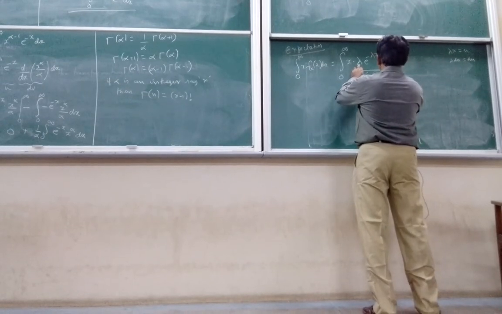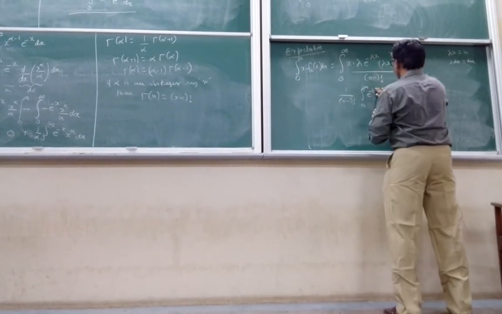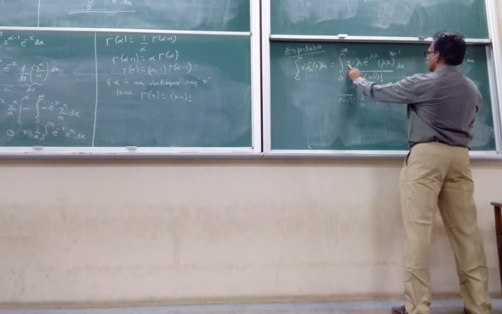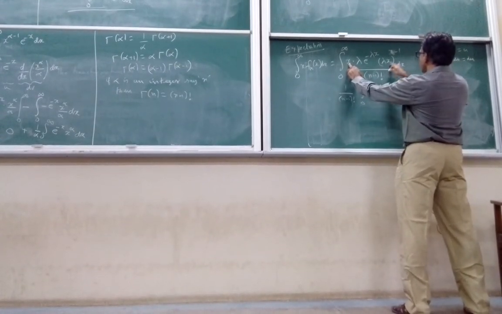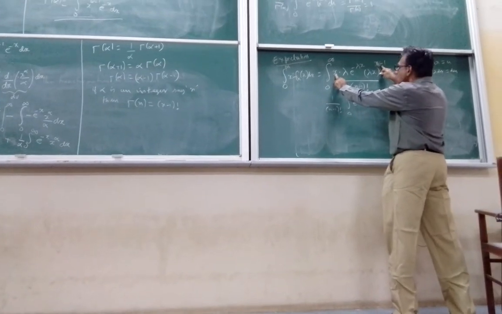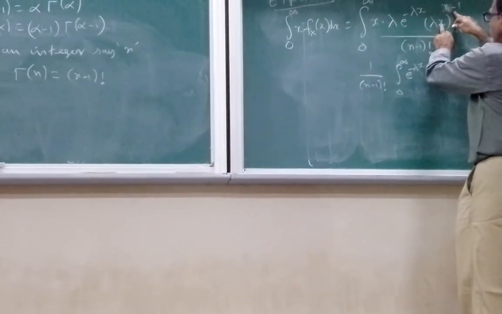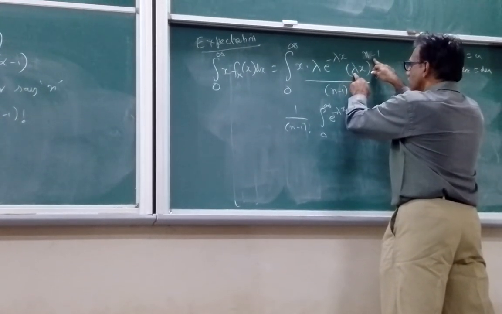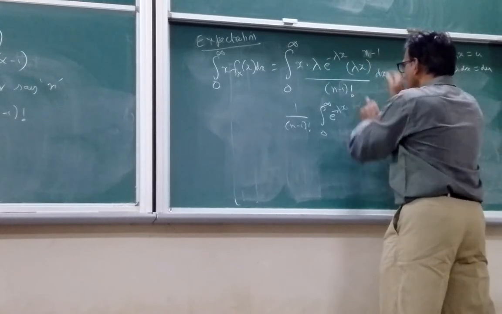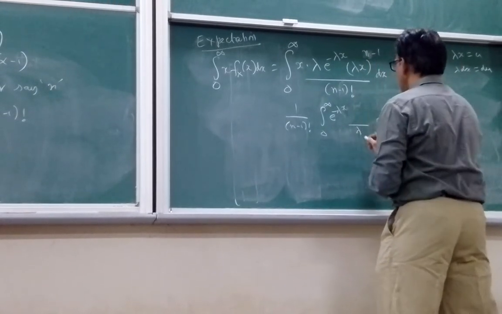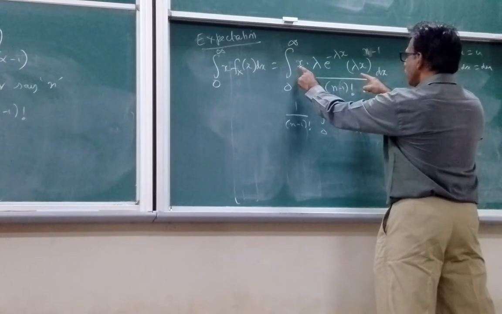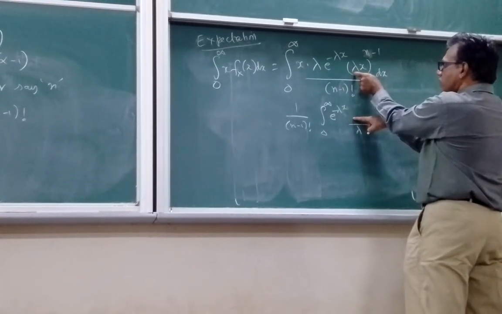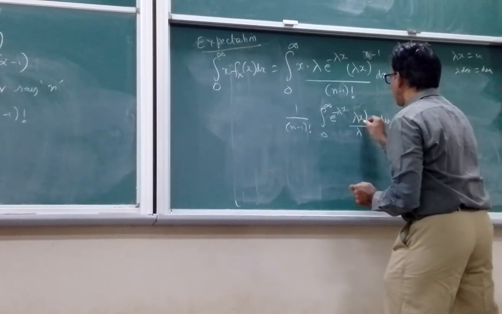E power of minus lambda x is there. Now there is also an x, and here lambda x power n minus 1. So I will take this x here, I will put one extra lambda and divide by lambda. That compensating lambda along with this x can be absorbed with this to get lambda x power n.